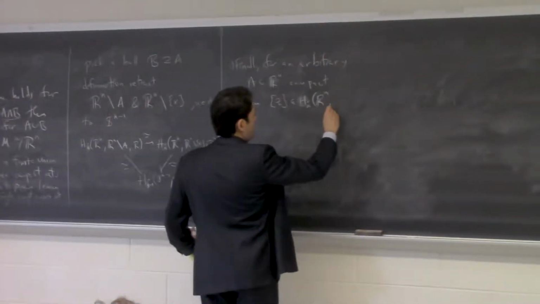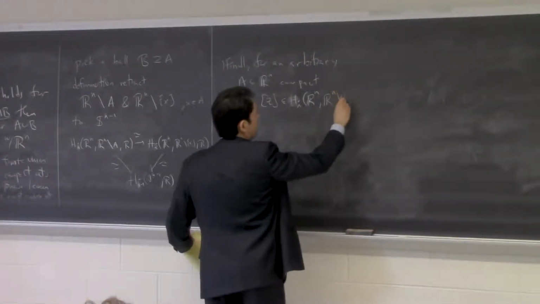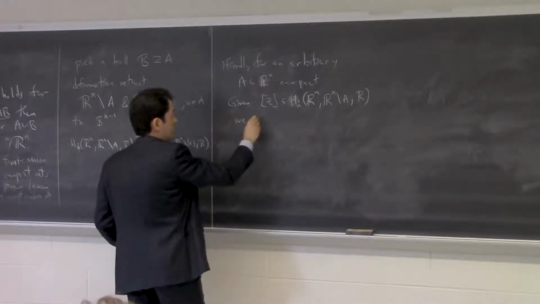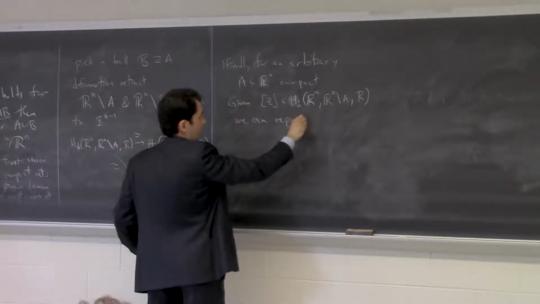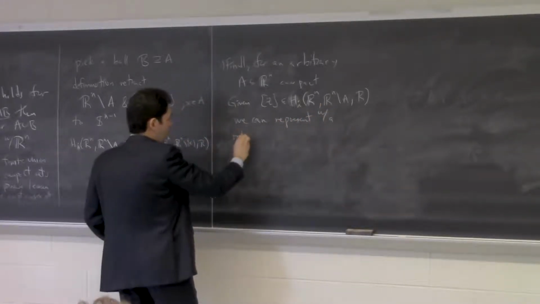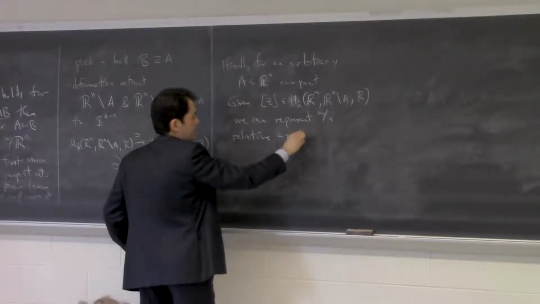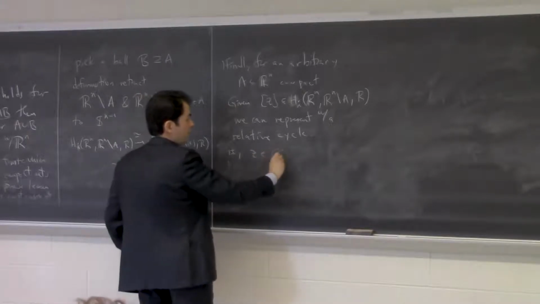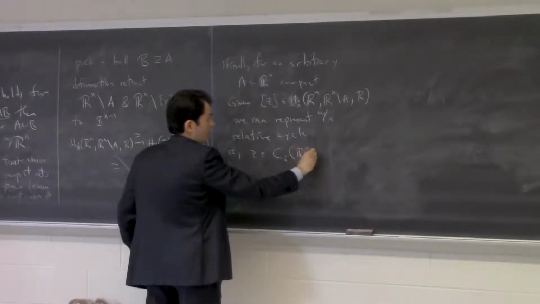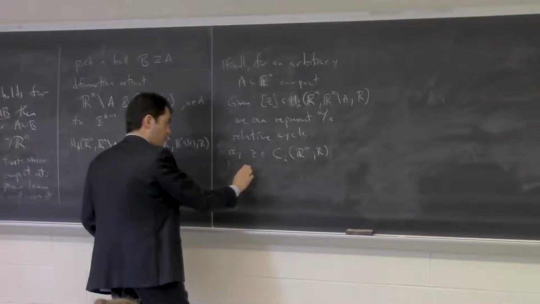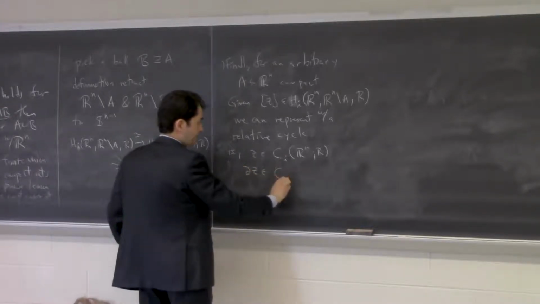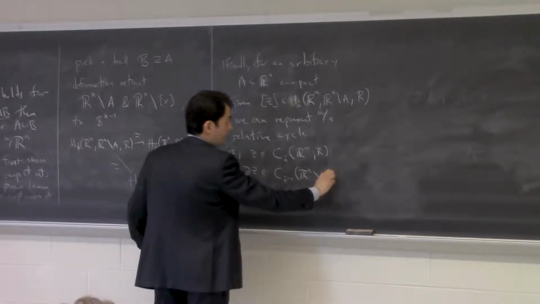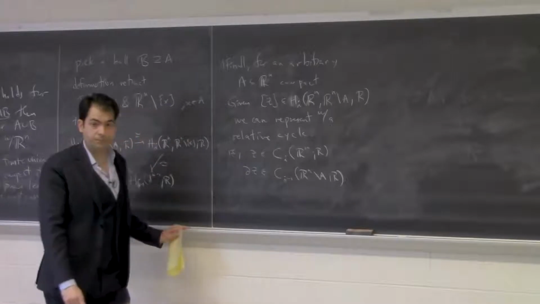So given a class, here we can represent it with a relative cycle. Remember that means that Z is a cycle with the property that its boundary is a cycle in Rn minus A. Right?